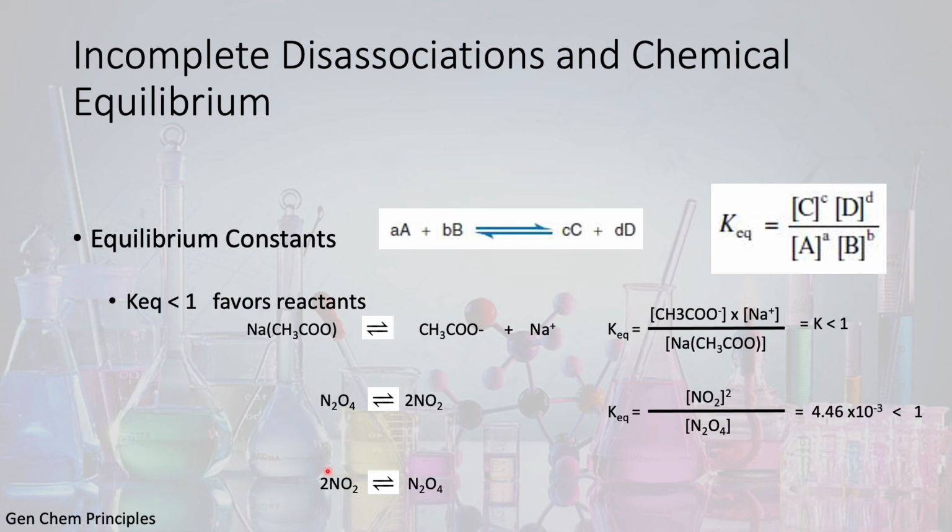Why don't we try this where nitrogen dioxide is our reactant and nitrous oxide is our product. This K_eq would be written like this, right? Now our product is nitrous oxide, so the concentration of nitrous oxide divided by the concentration of nitrogen dioxide, again, remember, raised to the second power because of our coefficient.